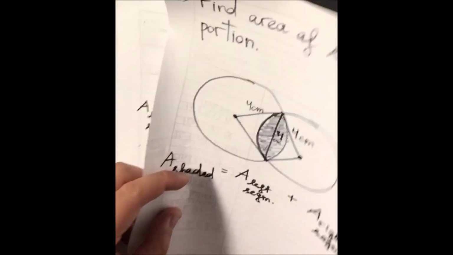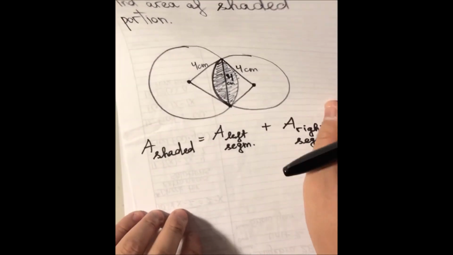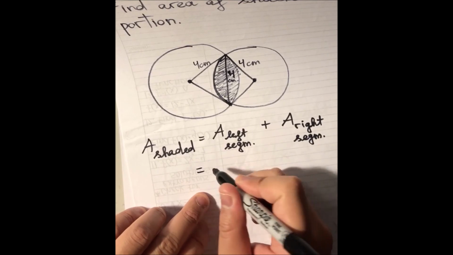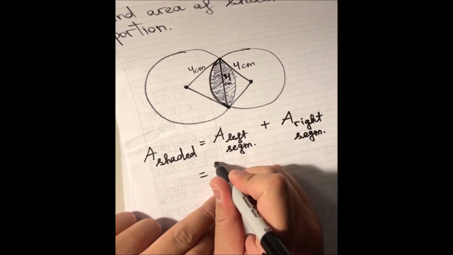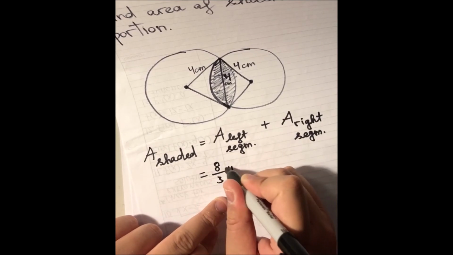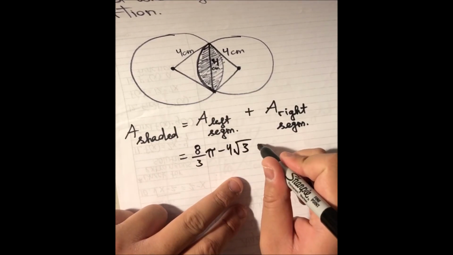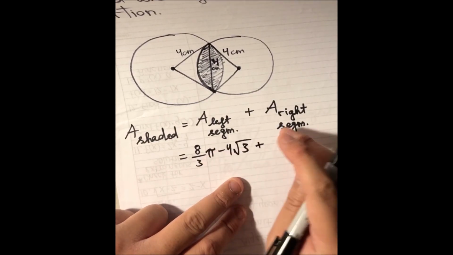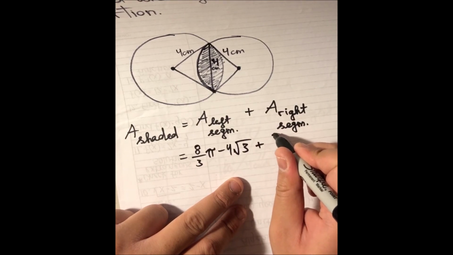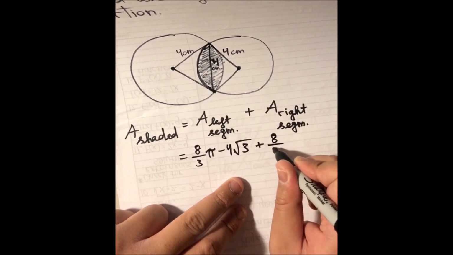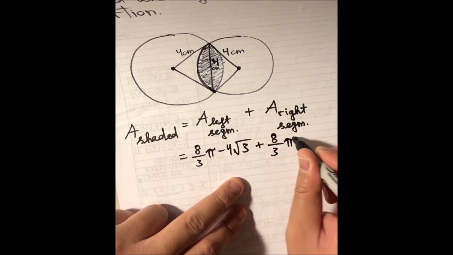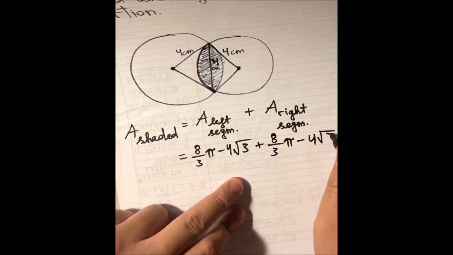So the area of the shaded part is going to be, let's see, 8 over 3 times pi minus 4 times square root of 3, plus the area of the right half, which is technically the same thing, 8 over 3 pi minus 4 times square root of 3.